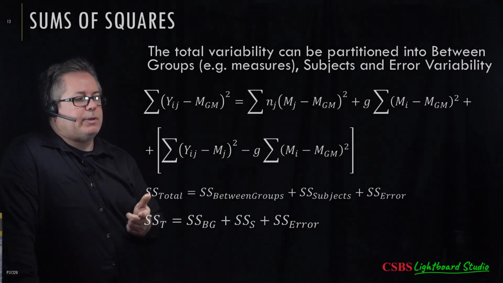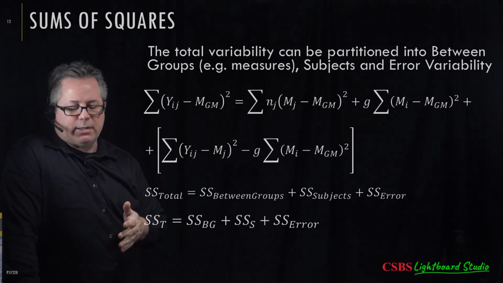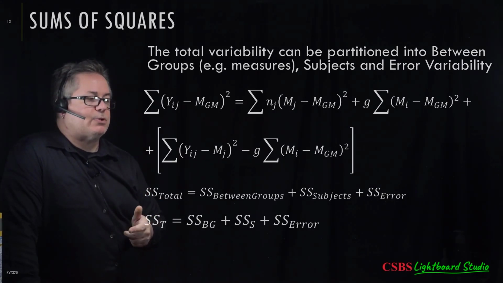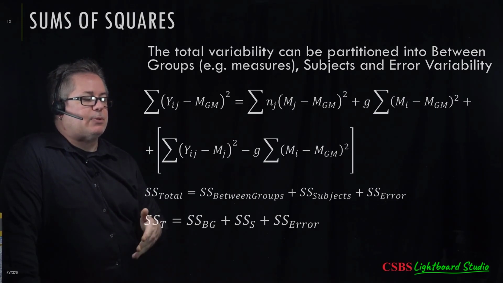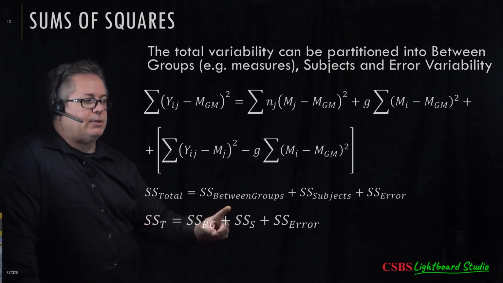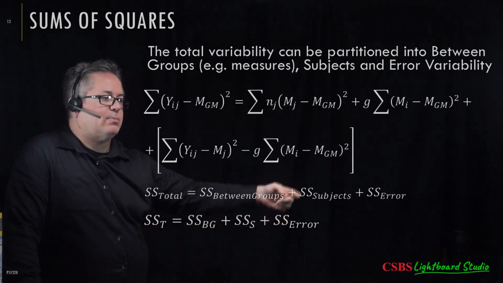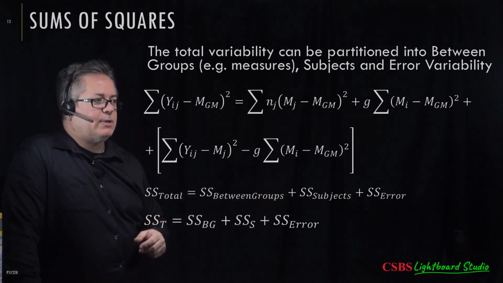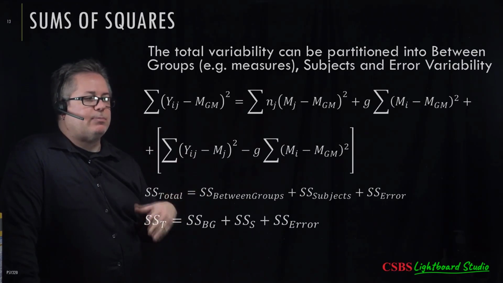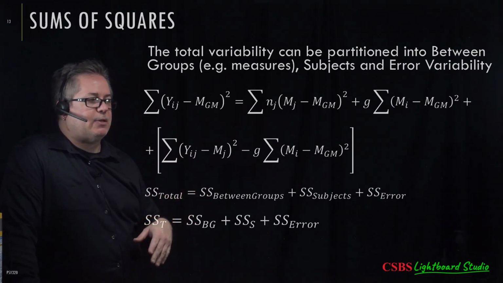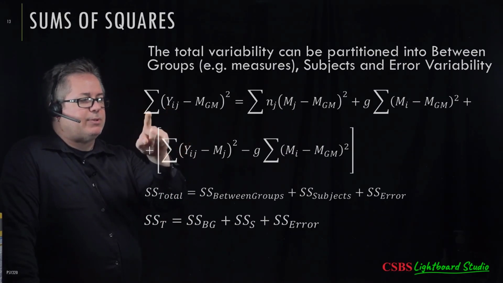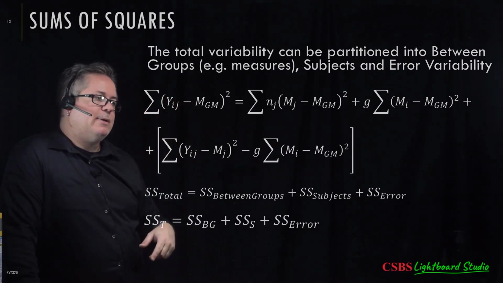So just like with one way and factorial, we sort of stepped through the different components of the sum of squares because they all add up to total. So total is between plus subject plus error. We can talk about each of the components. Now I didn't do all the triple sum stuff here, sort of simplified things down a little bit because we are summing over individuals in each group, so it really should be two sums, but I just simplified it.